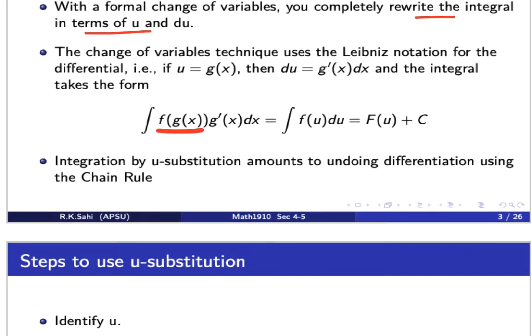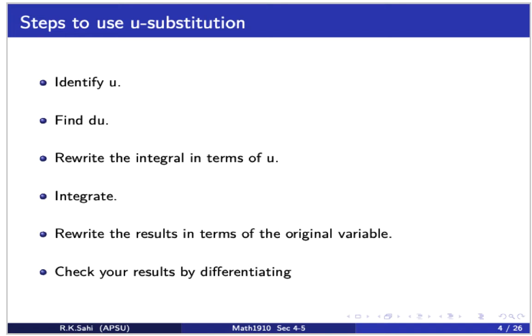Now, before we go into the examples, I'd like to list the steps we will follow for u substitution. First of all, identify what u is. If you have a composite function f of g of x, you say let u be equal to g of x.